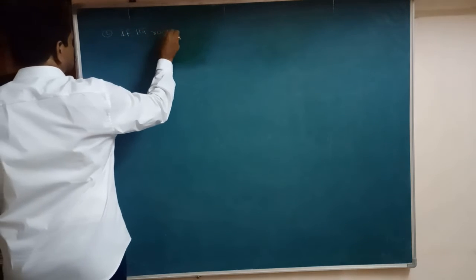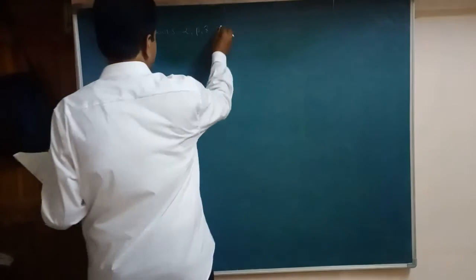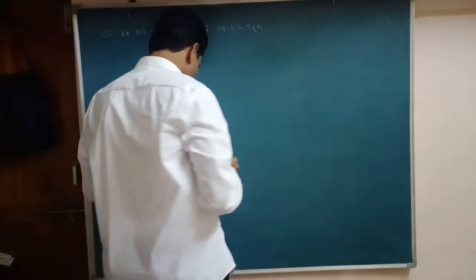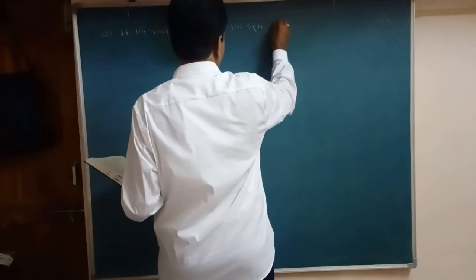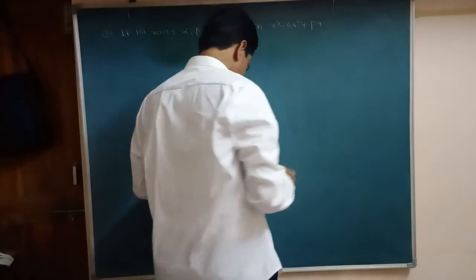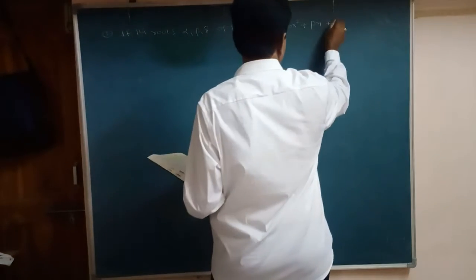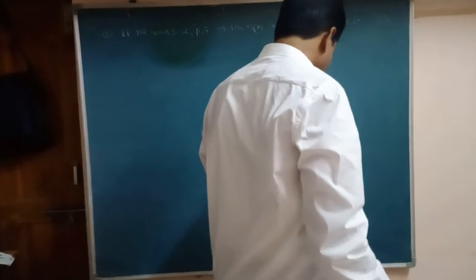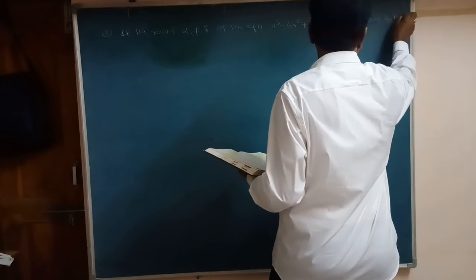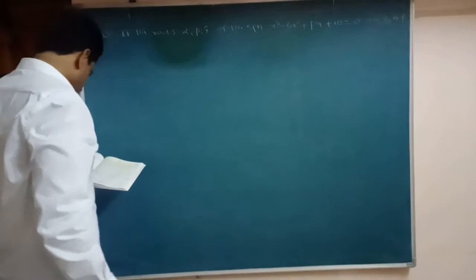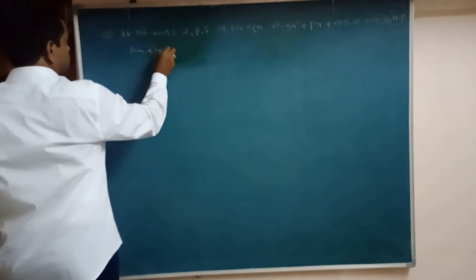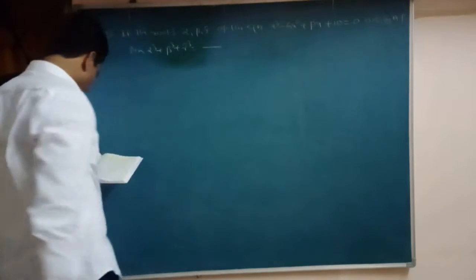Next one. If the roots alpha, beta, gamma of the equation x cube minus 6x square plus px plus 10 equal 0 are in AP, then alpha cube plus beta cube plus gamma cube equal to dash here.